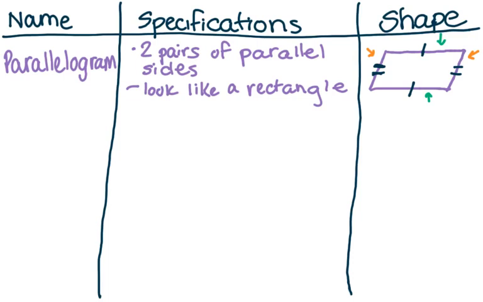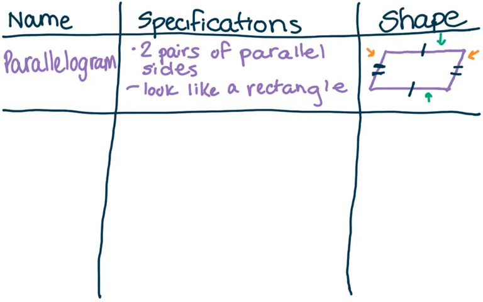Okay, now on to the next. We have two more to go. The next one we have is a rhombus. A rhombus looks like a diamond shape. It is also a form of a parallelogram.